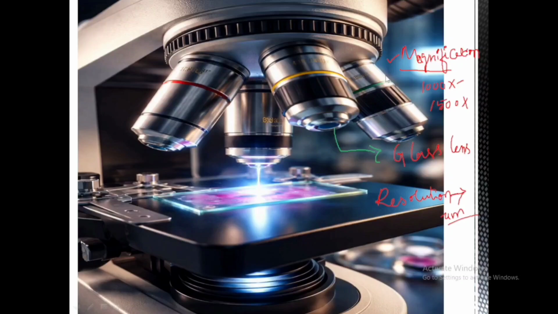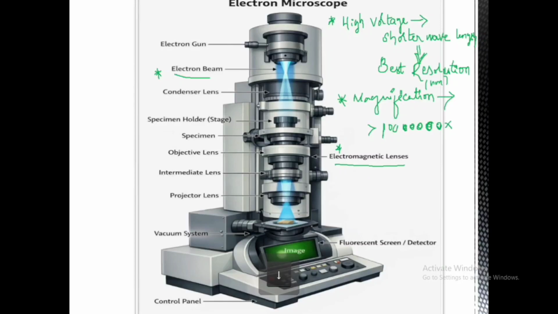The next difference is magnification. The light microscope magnification power is 1000x to 1500x. Magnification we get by the objective lens and ocular lens. But in the electron microscope, the magnification of the image is more than 1 million times. This is very important.